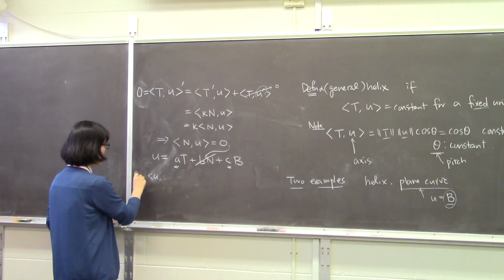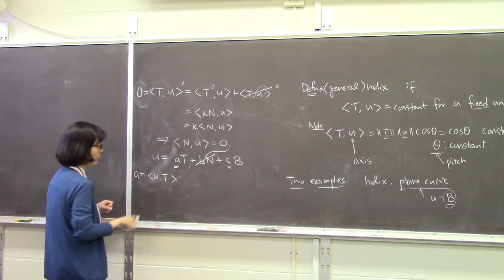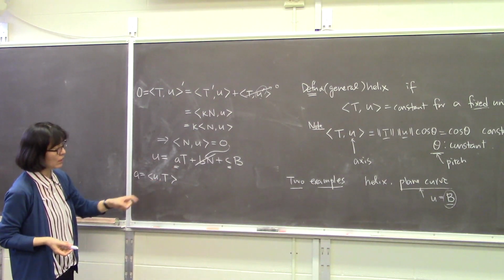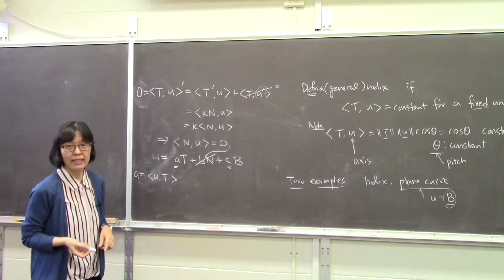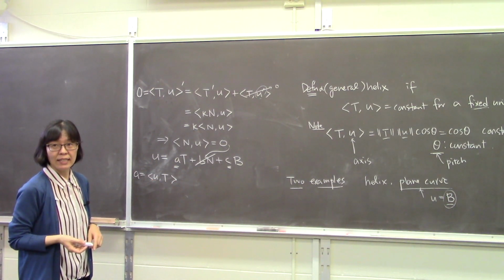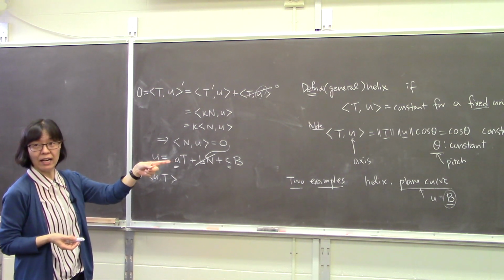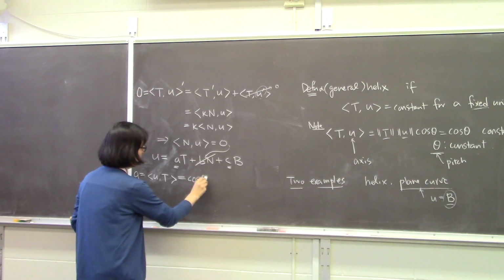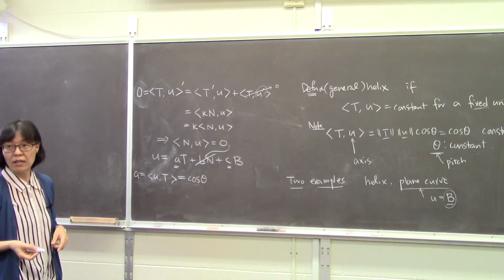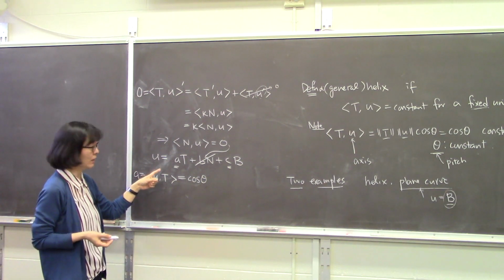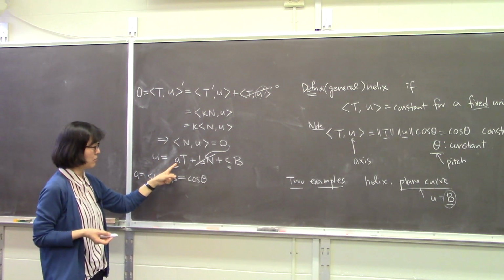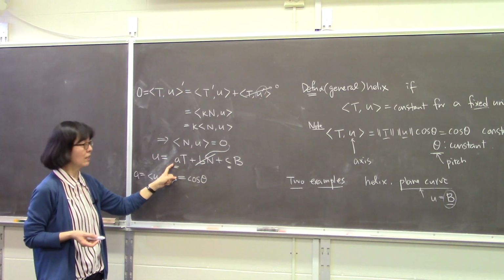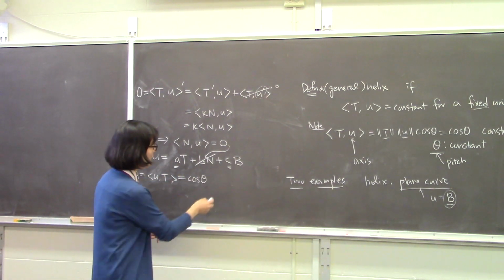We can get a the same way, the dot product of u and t. What is the dot product of u and t? It's cosine theta. Right? So the coefficient a is cosine theta, constant. Okay. Then we have to figure out c.